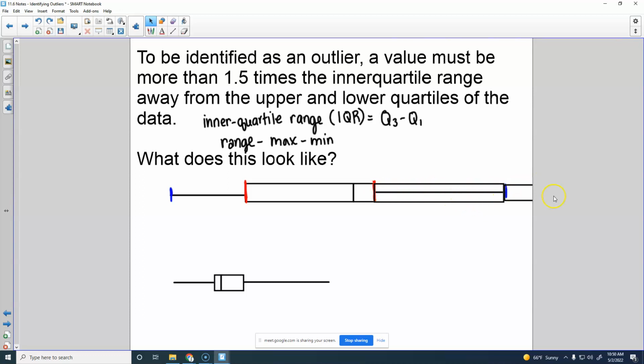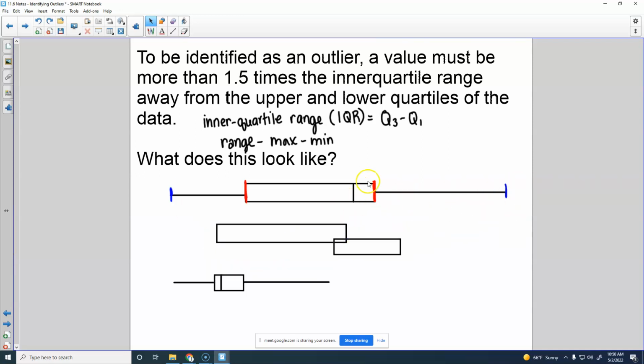Because I've got 1.5 times the interquartile range. I definitely don't have any lower outliers because that lowest number is not even a whole box below, right? So this data set right here that we're looking at does not have any outliers, okay? Because if I take the box and add it to the top here, my whisker does not go past that.